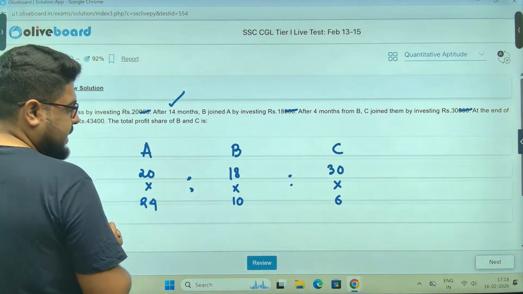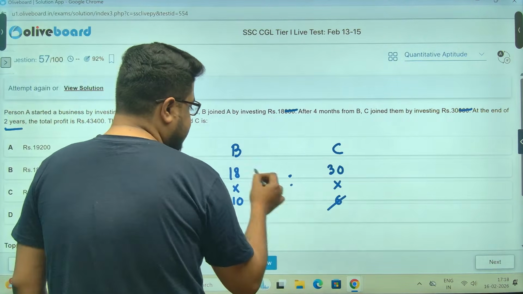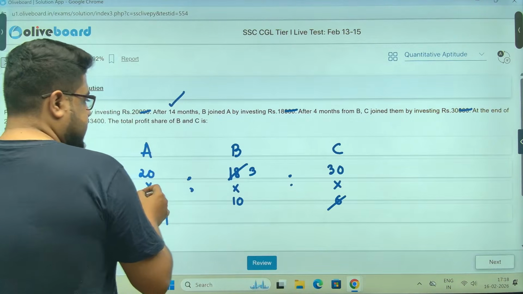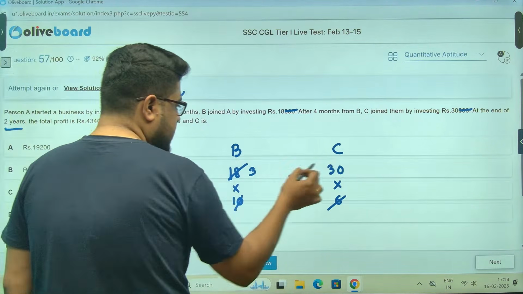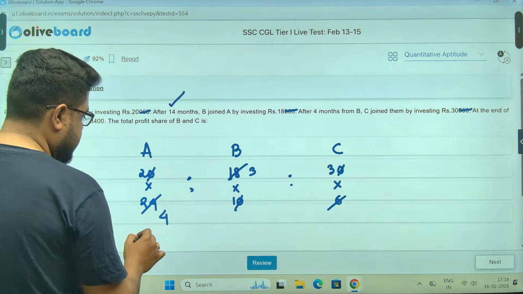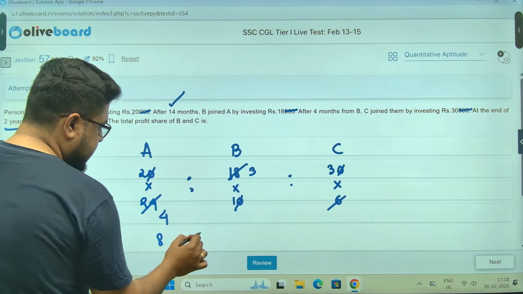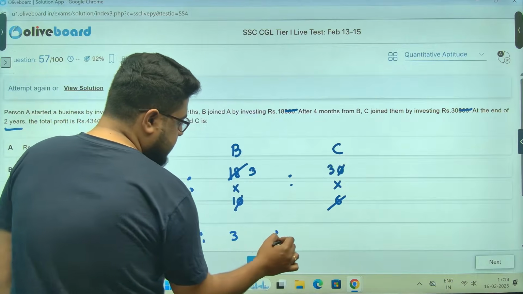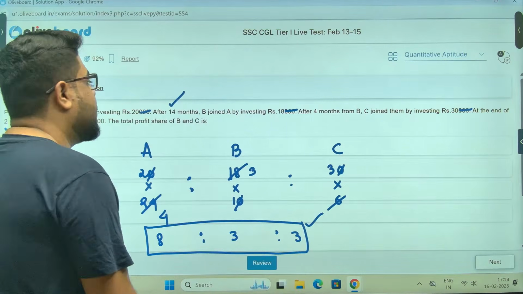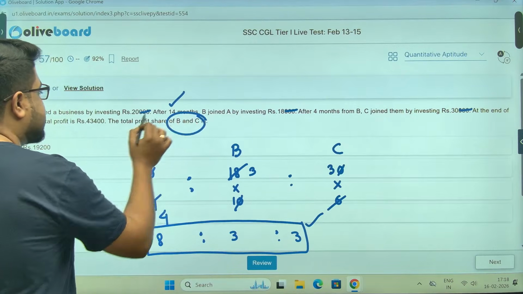Calculate, sir. 6 will cancel. 6 threes, 6 fours. 4 twos are 8, 3 here, 3 here. That's the ratio, sir.